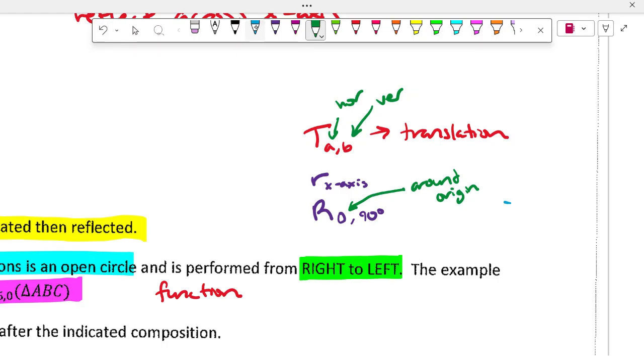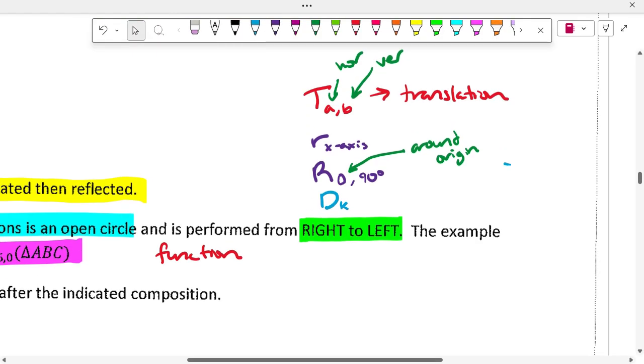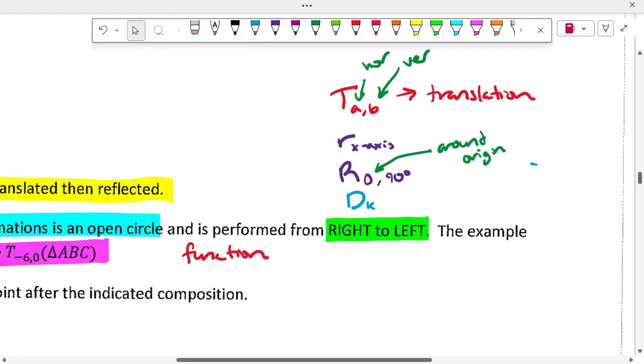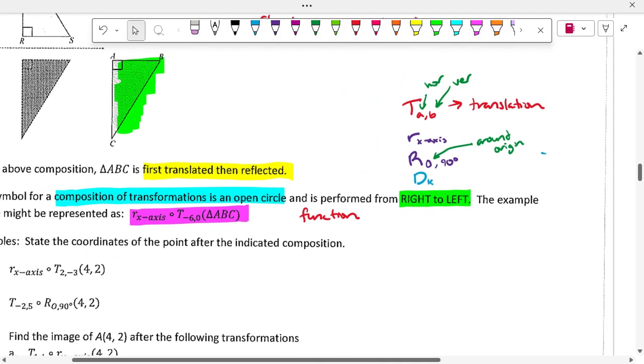What about dilation? We learned this one yesterday. Capital D. What's in the subscript? Or any letter to represent the scale factor. So whatever the scale factor is, that's what's in the subscript. Why is this important?